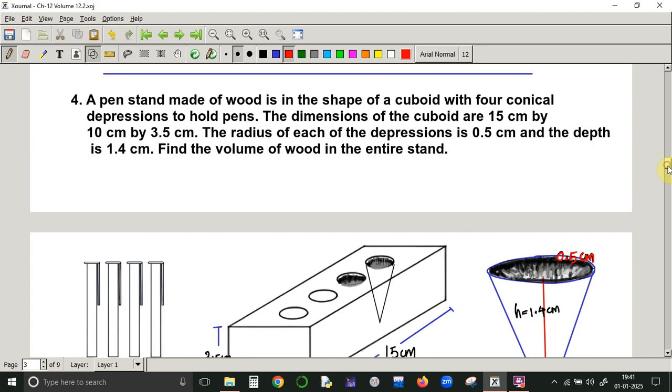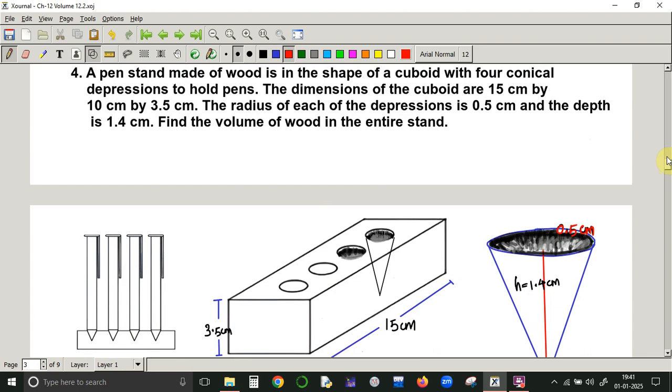Okay, so the next question is: a pen stand made of wood is in the shape of a cuboid with 4 conical depressions to hold pens. The dimensions of the cuboid are 15 centimeter by 10 centimeter by 3.5 centimeter.